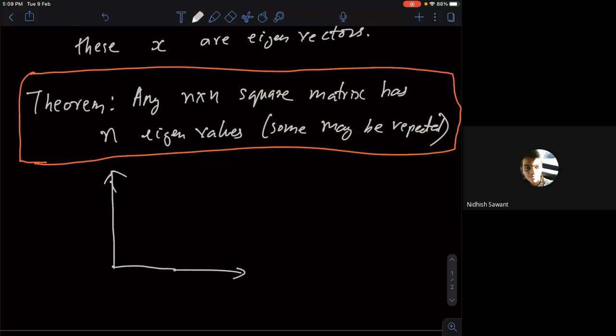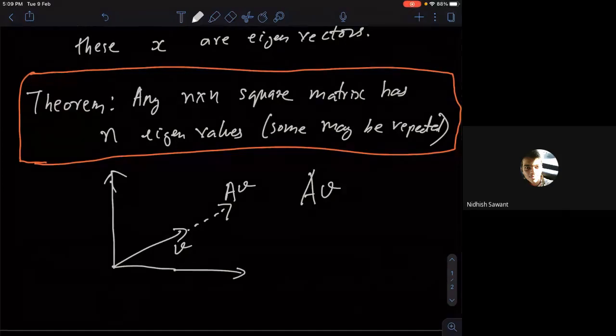If V is an eigenvector, then AV will be in the same direction as V. So geometrically that's the intuition. These are eigenvectors, and the eigenvalue is the extra magnitude the matrix imparts along the direction of V. Okay, this much is clear.